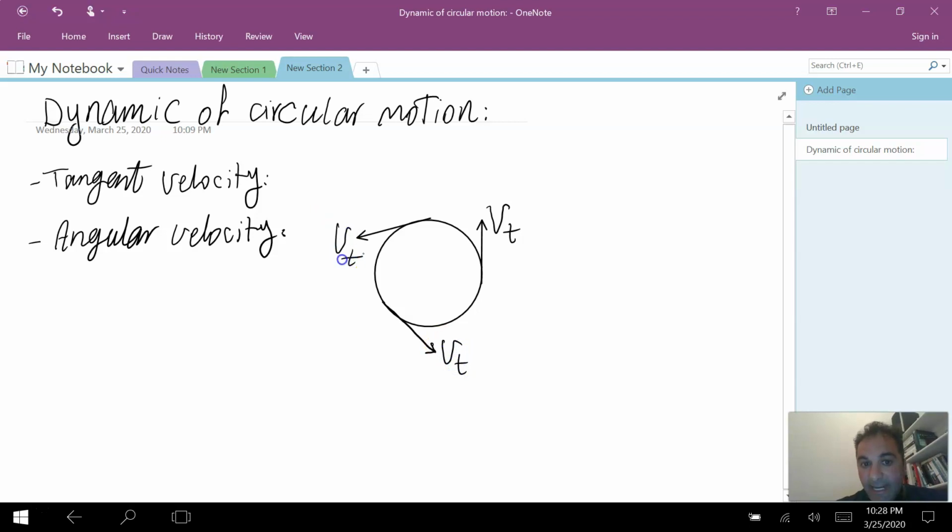It is tangent to the circle, so it's the same as the speed of an object on the x-axis. We also have angular velocity, which is the velocity at the center. We showed it by omega, correct?